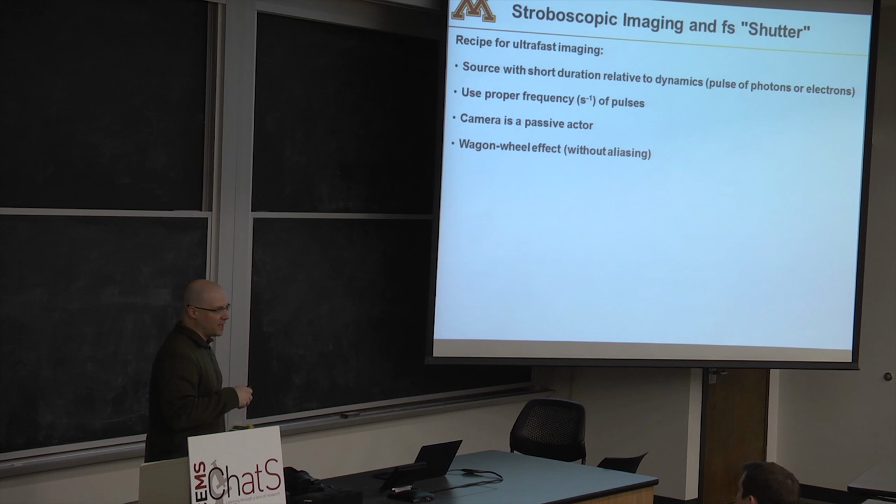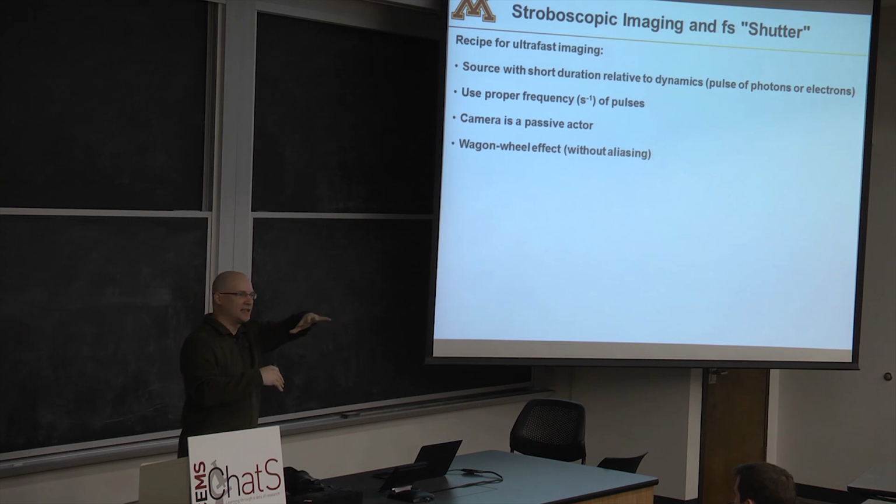Well, we want to have a very short source, or a very short, brief packet of electrons. The reason is because imagine I have a material and it's moving with some velocity, some time scale. If I don't want that to be blurred, I want to pass the electrons that I'm going to use to form the image or the diffraction pattern through it in such a way that these go by very quickly before this material has a chance to move quite a bit.